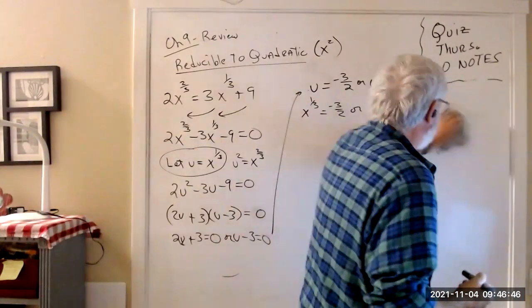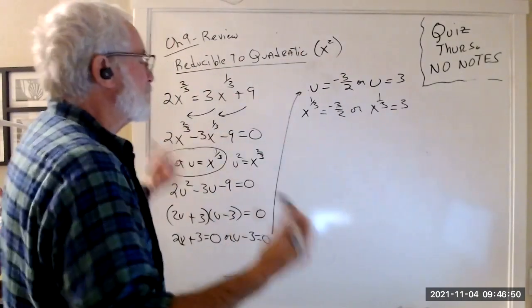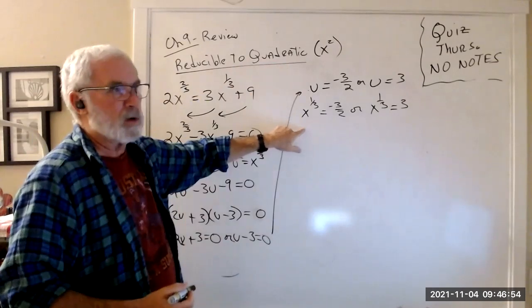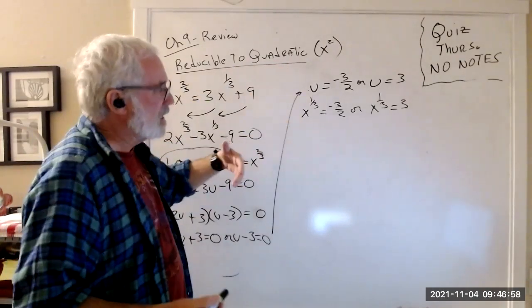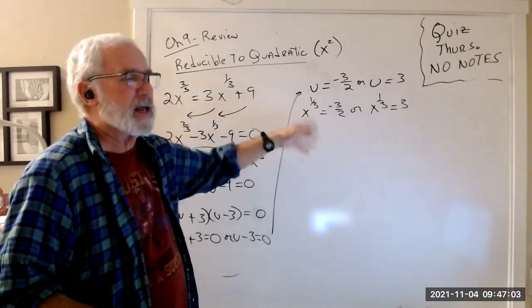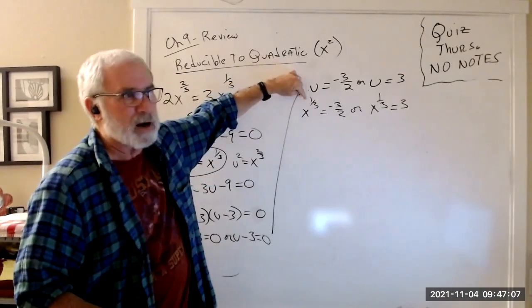And usually that bugs a whole lot of people. The unsubstituting, the going back from u to the original variable, whatever it was. Now, the thinking part here is, okay, well, fine. How do I get rid of x? How do I get x rather all by itself? How do I get rid of the 1/3 power?